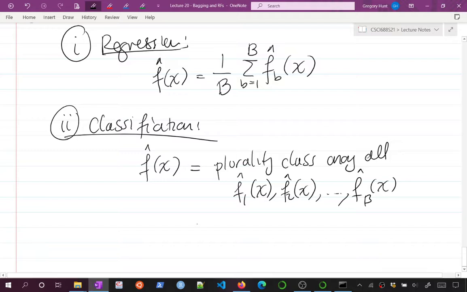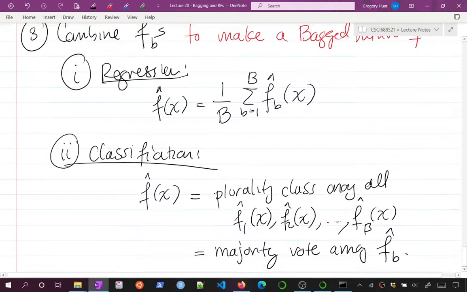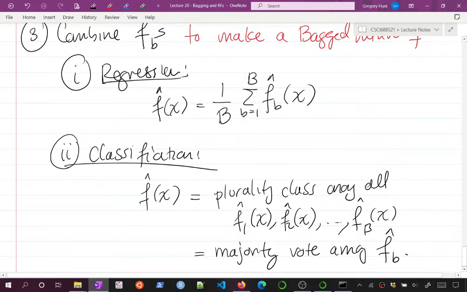Sometimes this is described as majority vote among my f b hats. All of them get a vote. So one of them votes for class 1, one of them votes for class 2, the other one votes for class 1, right? And whoever wins the vote among all my subsample classifiers, that's what I'm going to predict. So in either case, we're getting a consensus view.